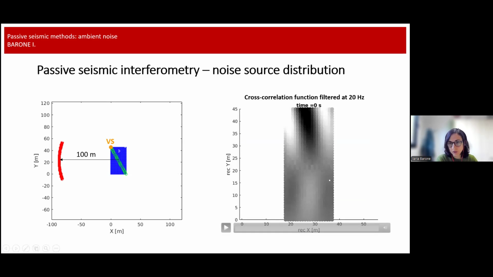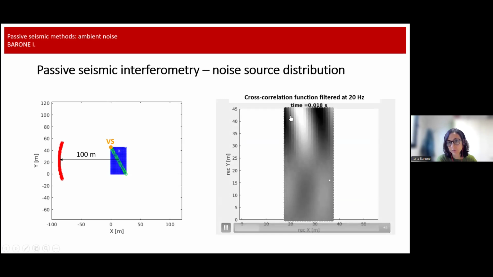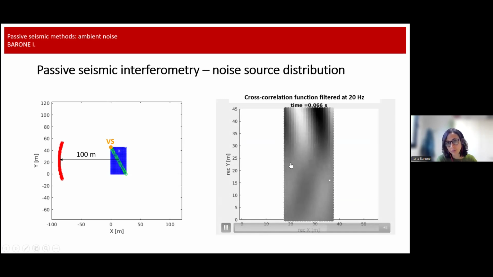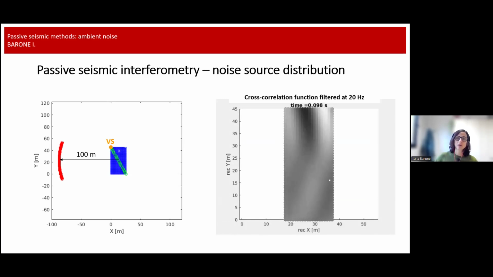And if we have a look at the propagation from the virtual source, instead of having a clear propagation from this point, we kind of see propagation from left to right, which is, of course, the result of having sources that are only on one side of the array.